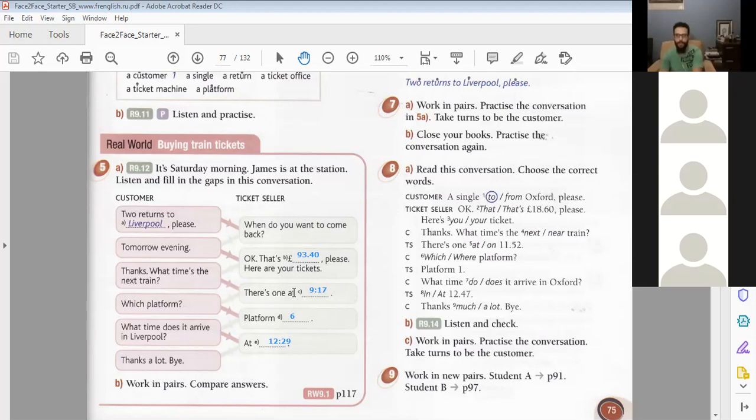Yes, Media. When do you want to come back? Tomorrow evening. Okay, that's £93.40, please. Here are your tickets.